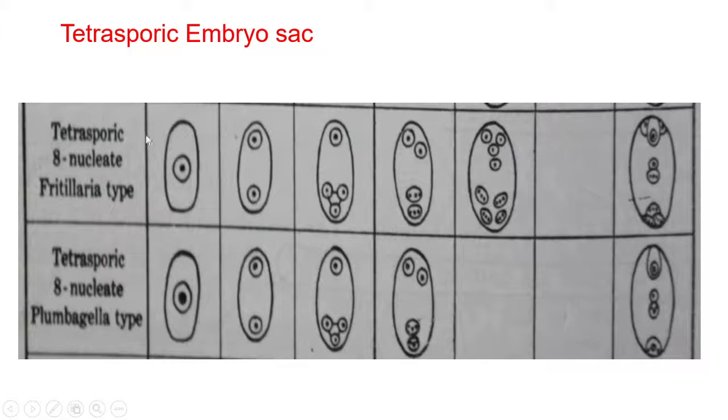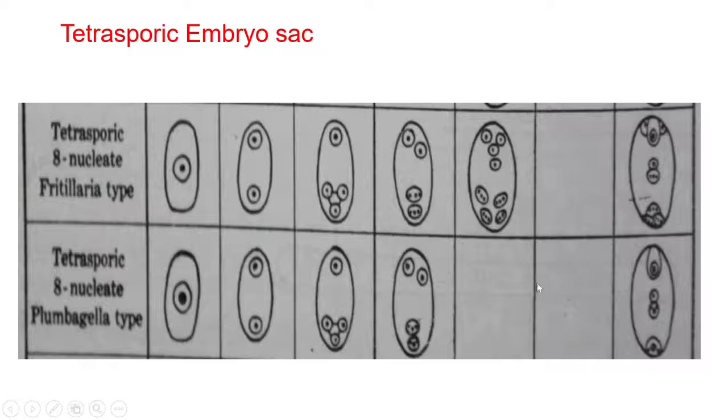Now the second example of tetrasporic embryo sac is Plumbagella. The megaspore mother cell divides meiotically to develop the dyad, and meiosis second develops the tetrad. Out of that, all nuclei take part in the formation of the embryo sac without any mitotic division.